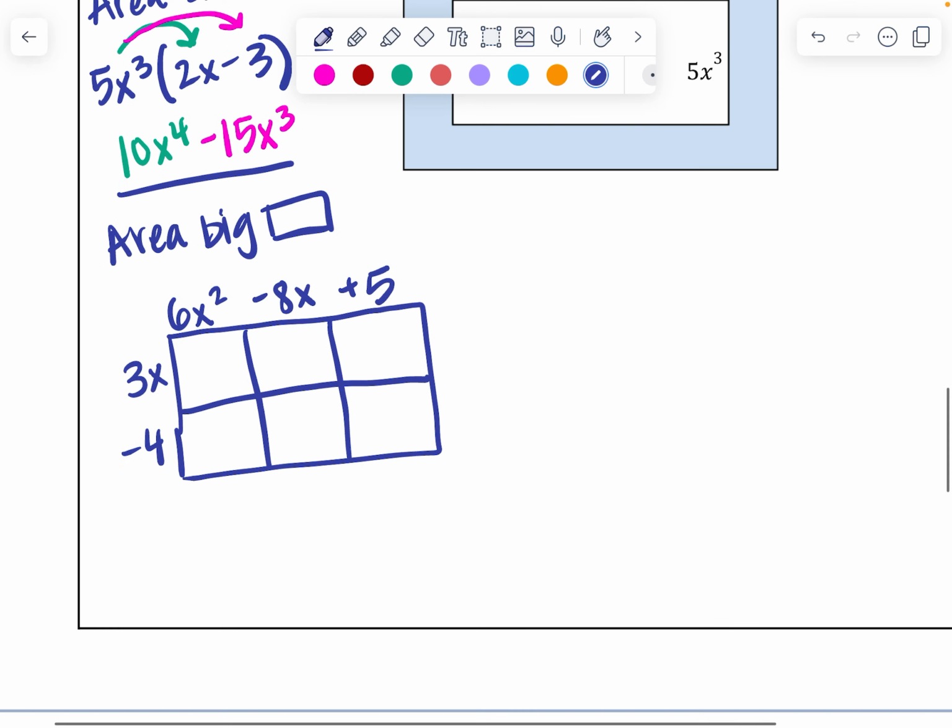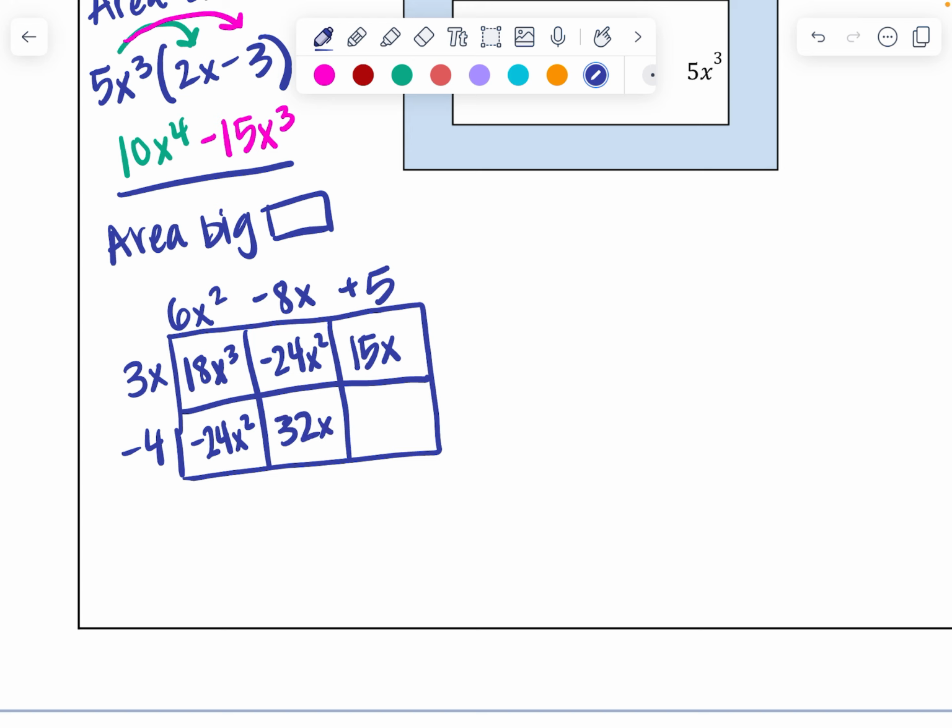All right, 18x cubed, negative 24x squared, 15x, negative 24x squared, that's positive 32x, and negative 20.